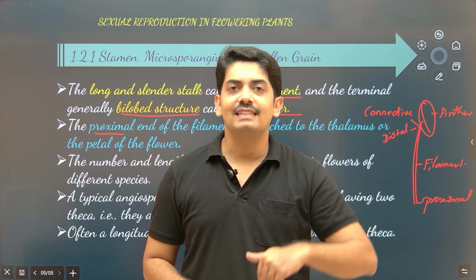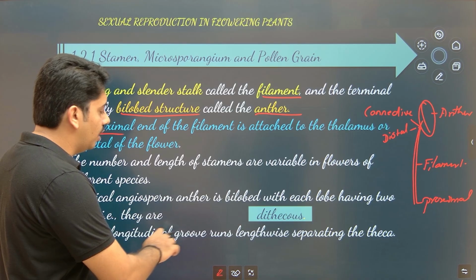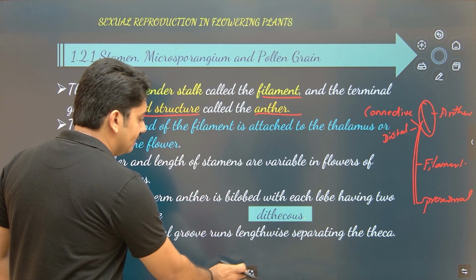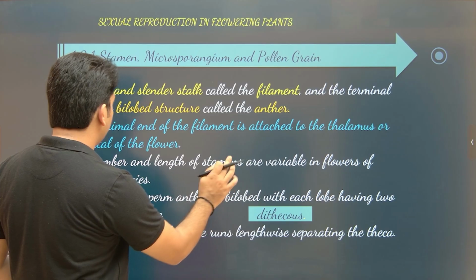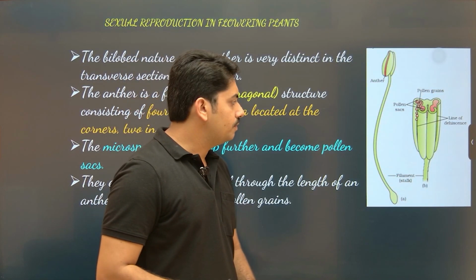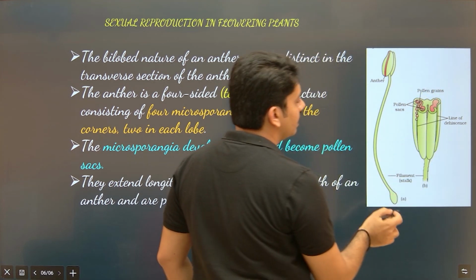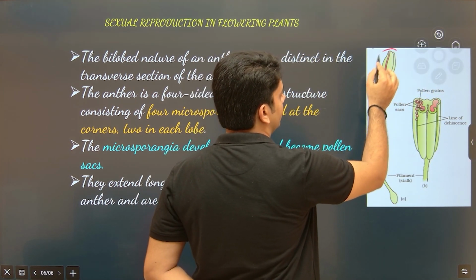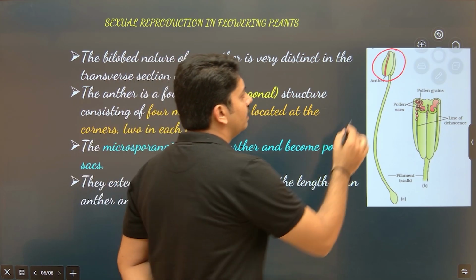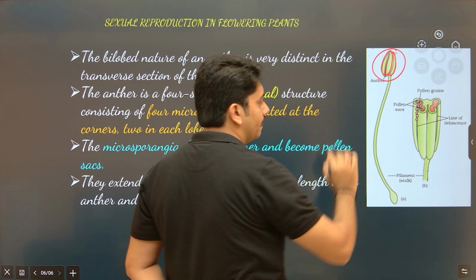What is there inside the bilobed anther? That we'll see. Okay, often longitudinal grooves run lengthwise and separate the theca. We'll see what theca is in this slide. Just observe here. See, this is one anther lobe. It is clearly observed that this is one lobe, this is another lobe.